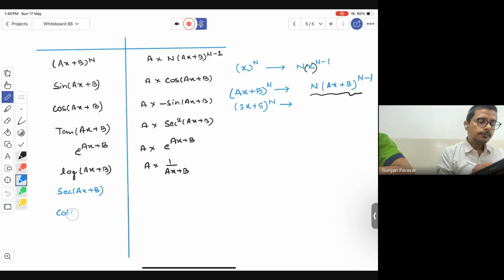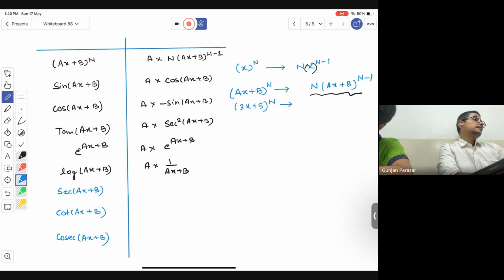Then cot(ax + b) and cosec(ax + b). Okay. Maybe the volume is more, but it's not a difficult thing, no?